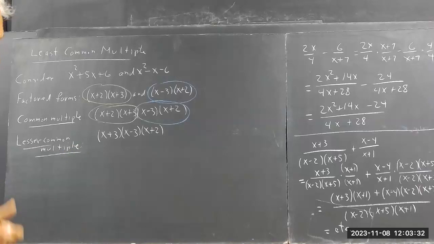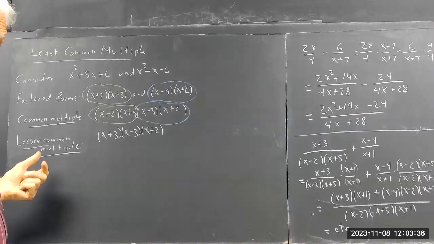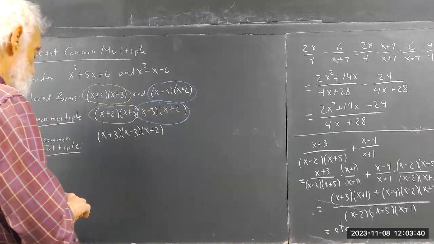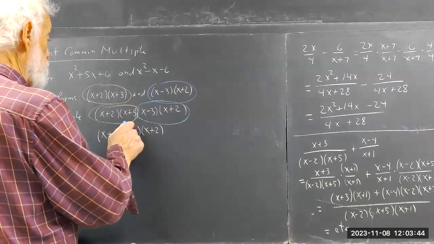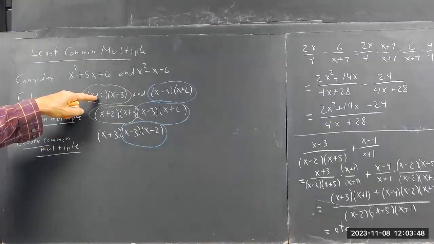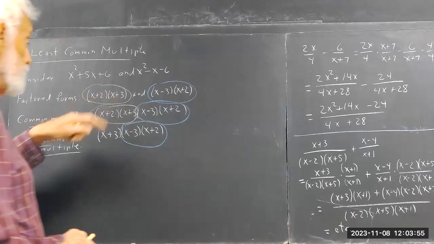Okay. Now, here's a lesser common multiple. It contains this, doesn't it? But there it is. Does it contain this? Well, yes, it contains this.